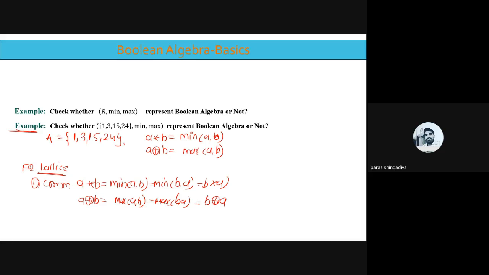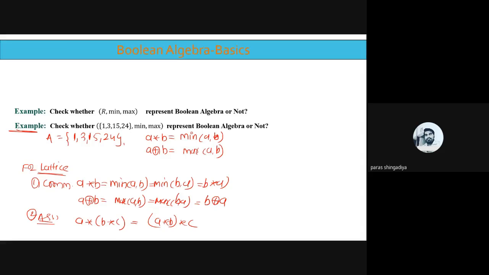Similarly, we can prove the associative law. The formation is A star B star C equal to A star B star C. You can easily prove it, just try by yourself. This type of question we already discussed in the concept of lattice theory, how we can prove it using minimum and maximum.